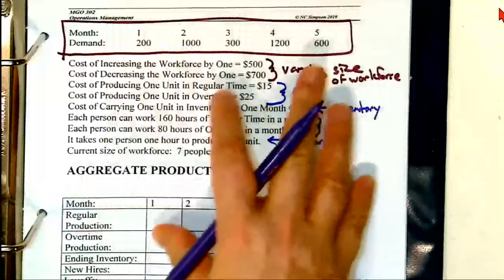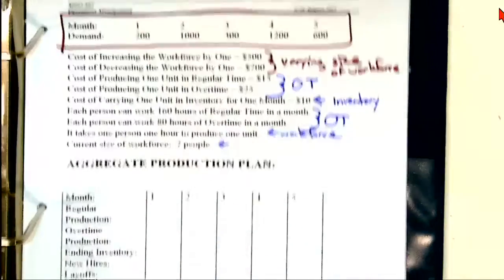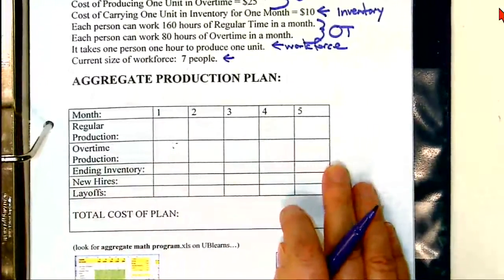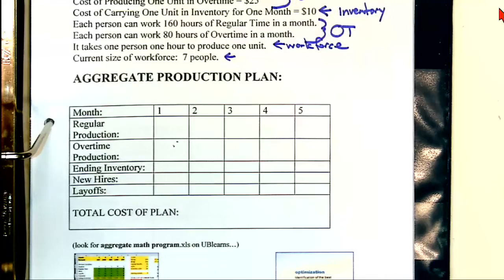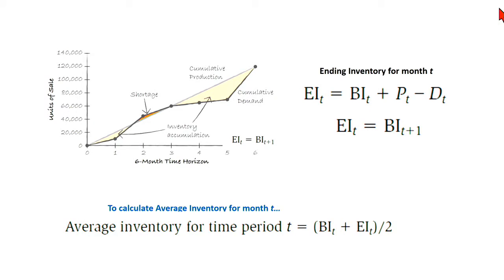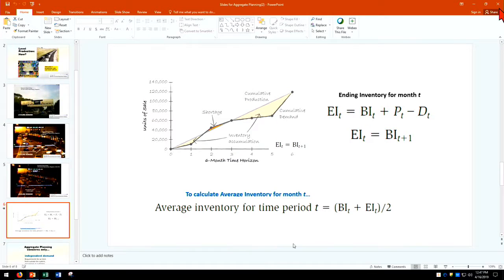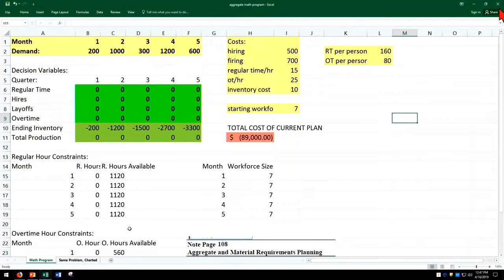This information, the only thing we want to do is work out a plan. And I'm sure you're not surprised that most aggregate planning, we can dismiss the slide for now, really lends itself to spreadsheet models.